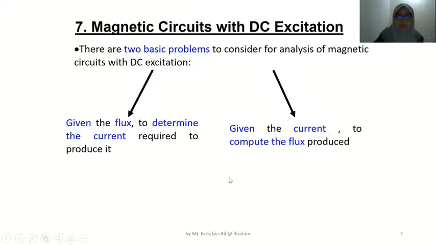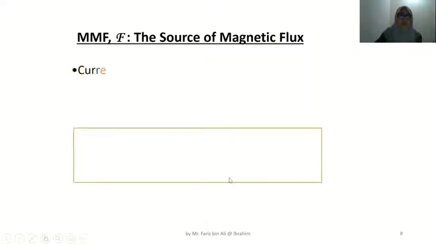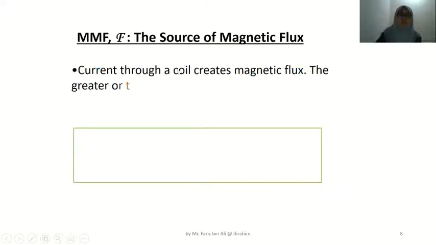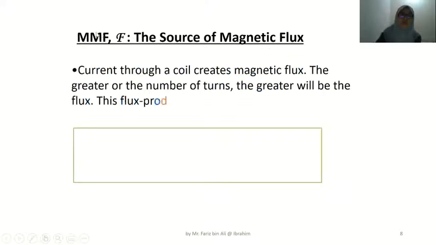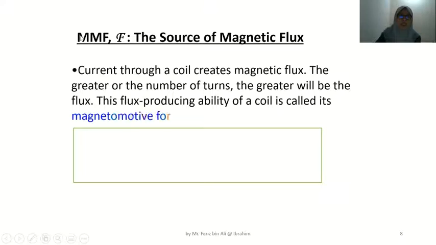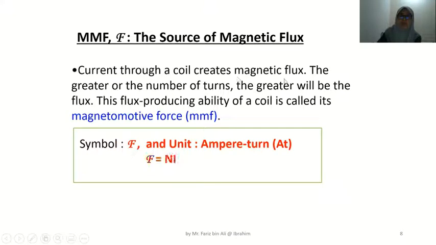Now, the source of magnetic flux, or MMF. What is MMF? The current through the coil creates magnetic flux. When you have a current through the coils, it creates the magnetic flux. The greater the number of turns, the greater the flux.